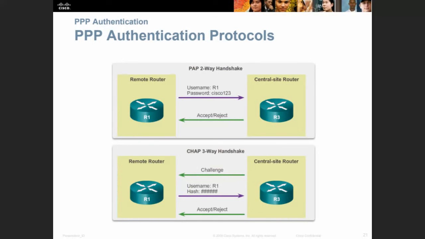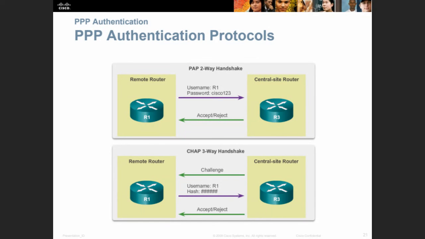This is the PAP. PAP is only two-way handshake. So computer one is sending its username and password, and computer two will compare it to its database. If it has the password, it will accept. That's it, very simple. And the password is sent in clear text, so it's not good. This is the CHAP.